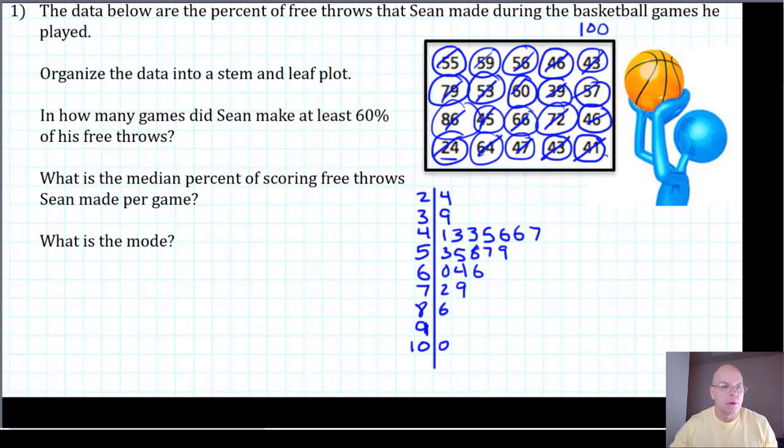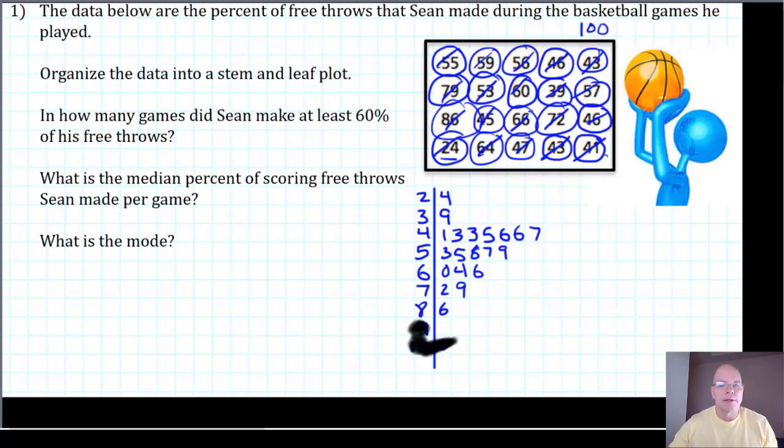And so, in order to not cause any confusion, I'm going to attempt to erase these, but that's not how you do it. Actually, that'll be fine. Just realize that that's our stem and leaf plot.